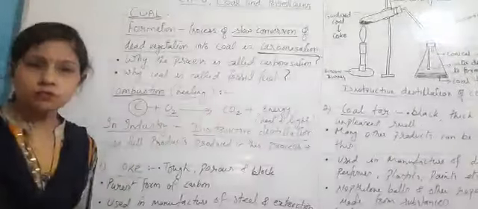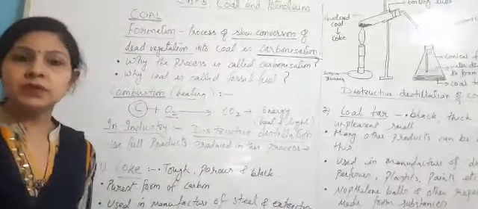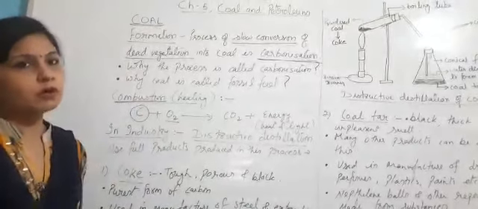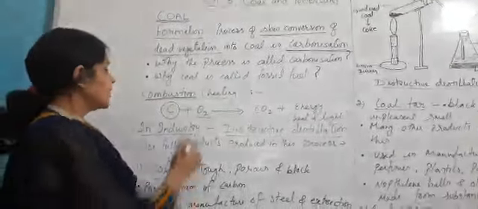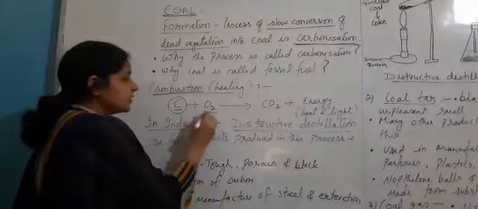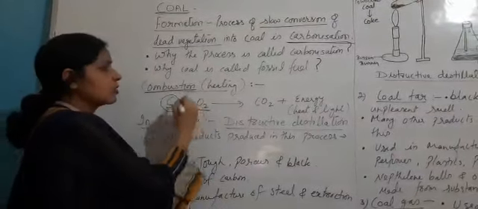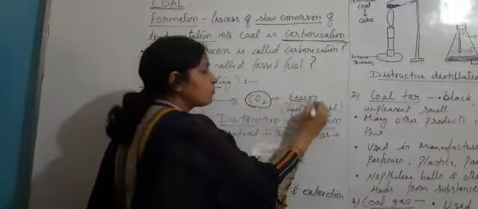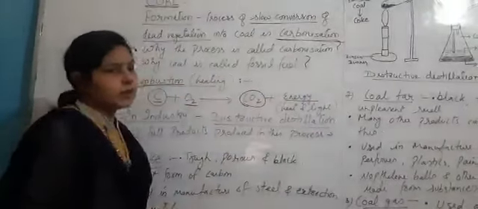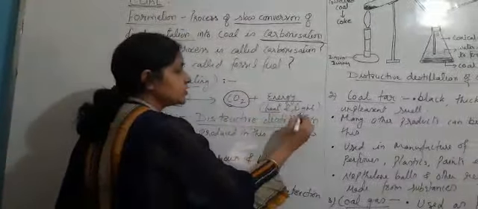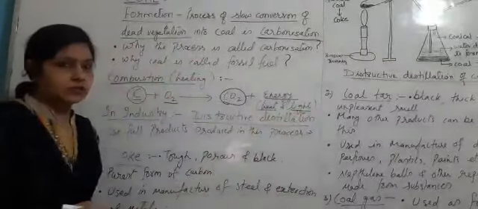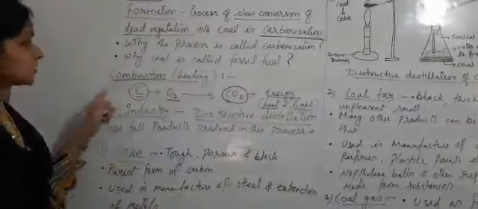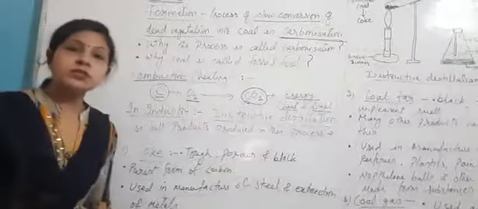Children, generally we know that wherever there is burning, it is generally in presence of oxygen. This process is called combustion, and in this process carbon dioxide is produced along with the energy. Energy can be in the heat energy form or the light energy form. So this is one of the processes by which we use the coal.